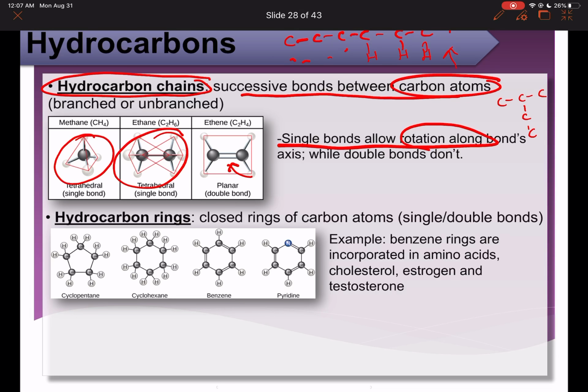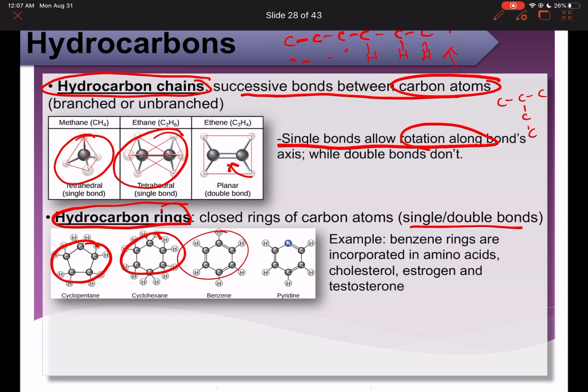Hydrocarbons that exist in a ring structure are called hydrocarbon rings. And again, they can be made up of single or double bonds as well. So here is an example where the hydrocarbon ring is just made of single bonds in these two examples.